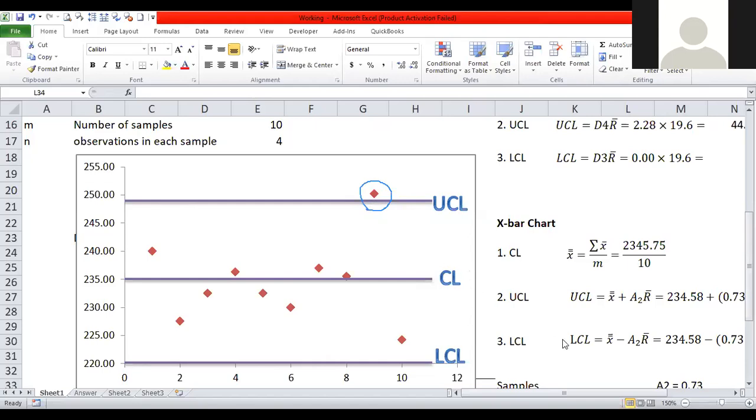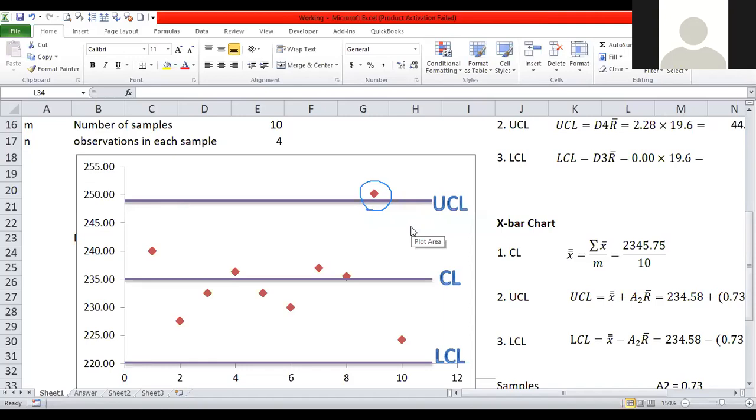So that means this particular X bar chart says the process average is out of control, right? As per the previous chart, the range chart, that was under control. So the process variability was under control, but for the process average, the average size, there's a problem.